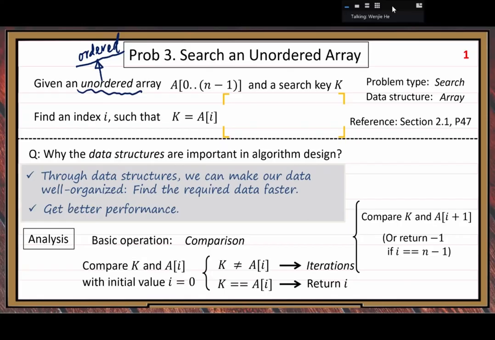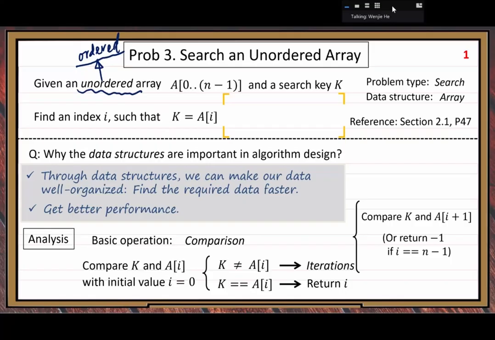When your i equals n minus 1, you compare key k with the last element and it is still not equal, so you return -1 as the value. Because -1 cannot be any index number, right? An index number cannot be -1. So -1 tells people a special meaning: the given key cannot be found in the given array.